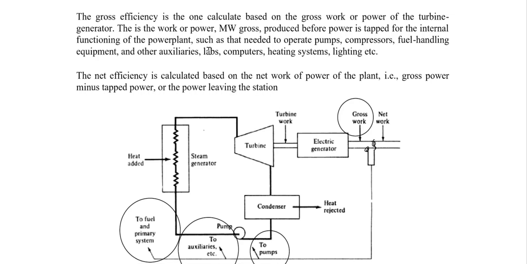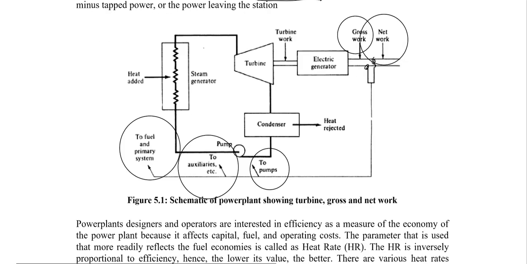When we tap that power out of it, the power which we call it would be the net work of the power plant. So that means it would come up as the net efficiency, and that is calculated by the net work of the power plant, that is, gross power minus the tap power. So this is what we call the gross efficiency and the net efficiency.